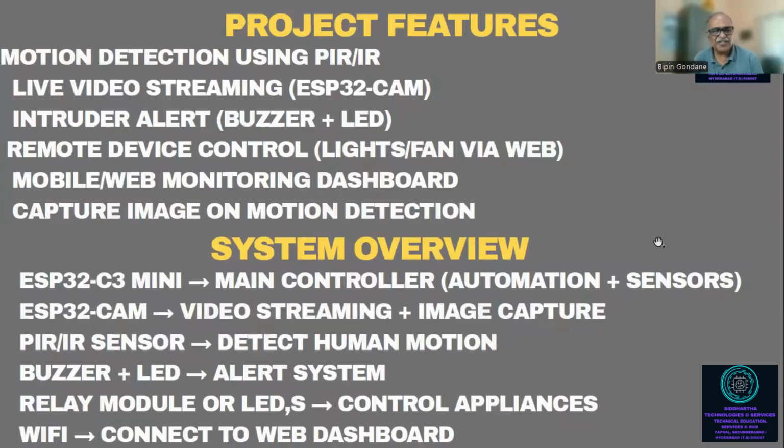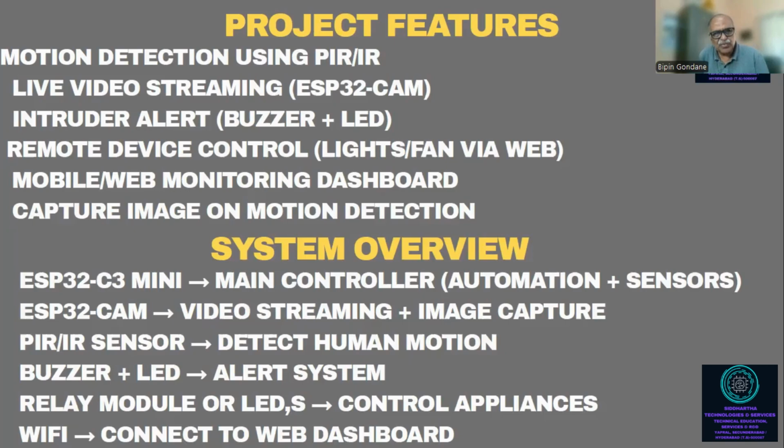The project features: motion is detected using PIR. We can use PIR and IR also; in my case, I have used an IR sensor. Live video streaming is done with the help of ESP32-CAM. Intruder alert is through buzzer and LED.